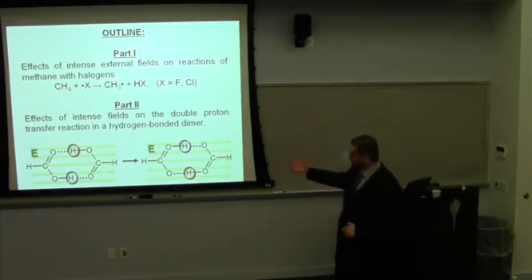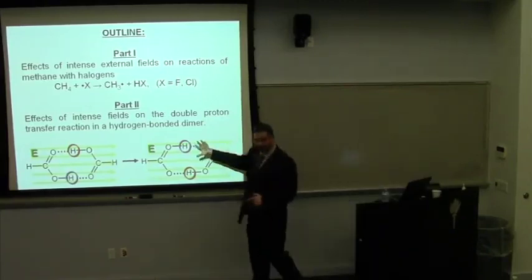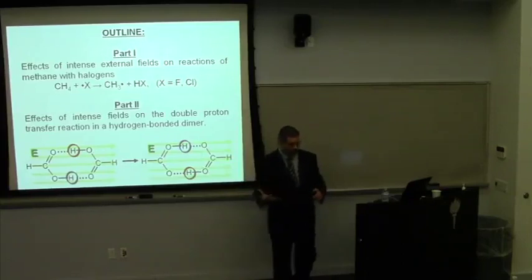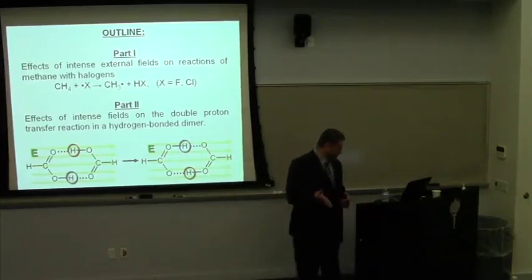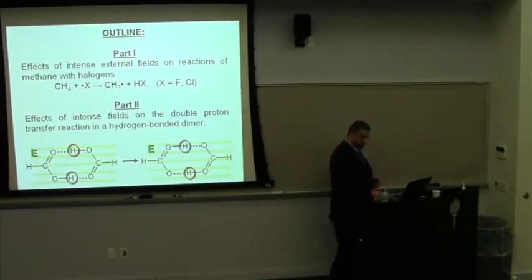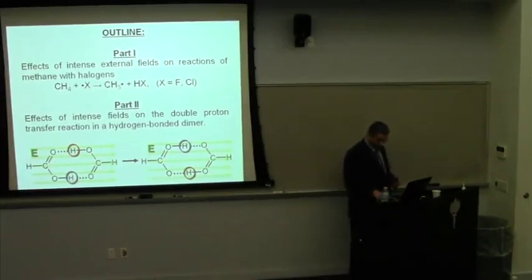In the second part, the goal of the study is to uncover what happens in situ, in a crystal, in the cell, in an enzyme active site, and so forth.